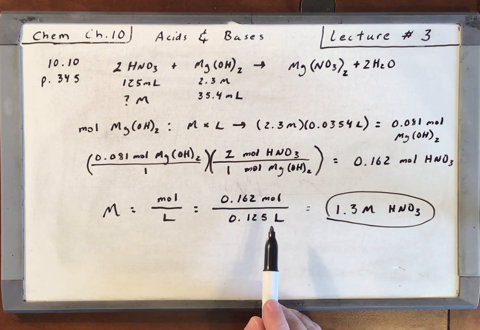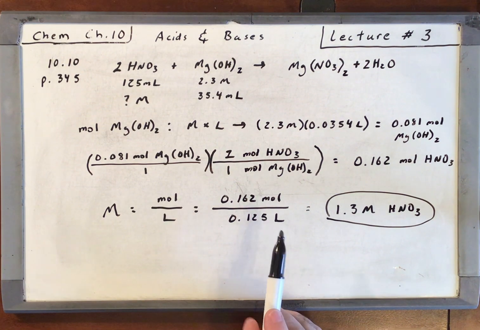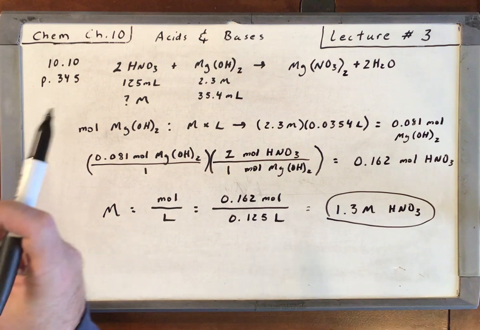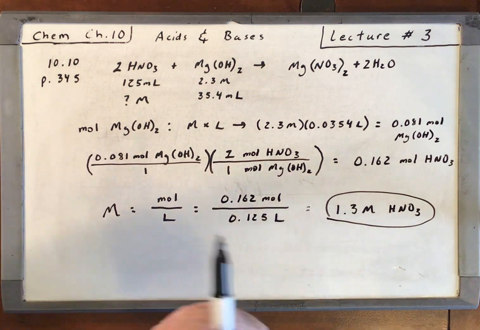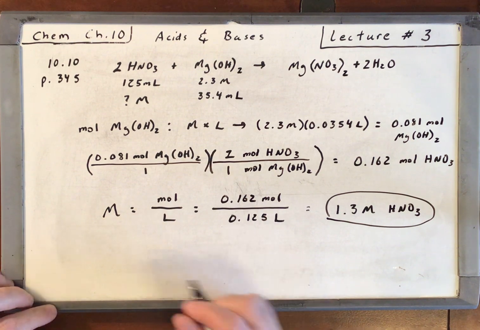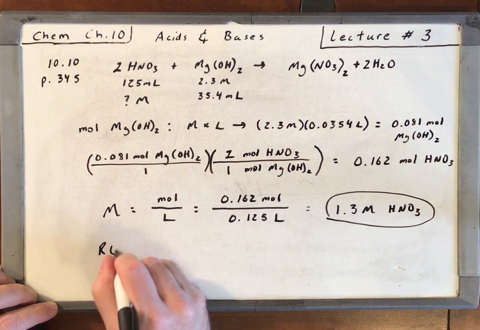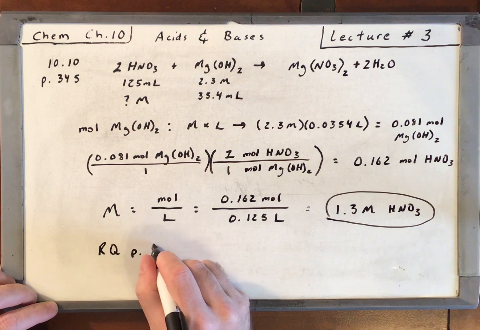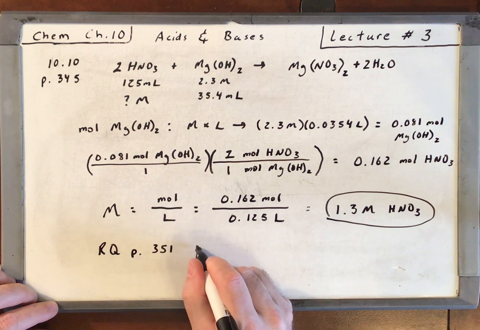Okay, the homework for titration is we're just going to complete the review questions and the practice problems. All right, so review questions on page 351. You can do number 10.